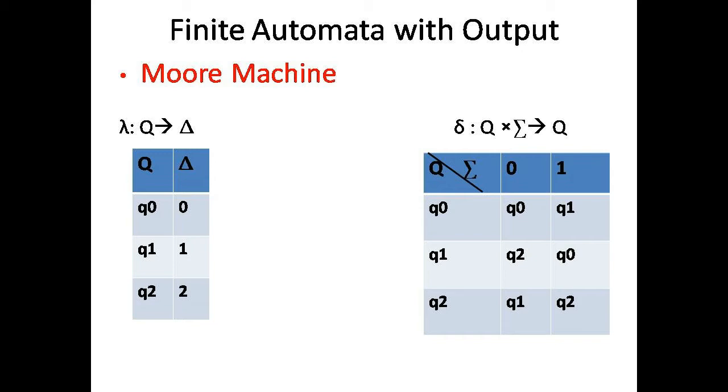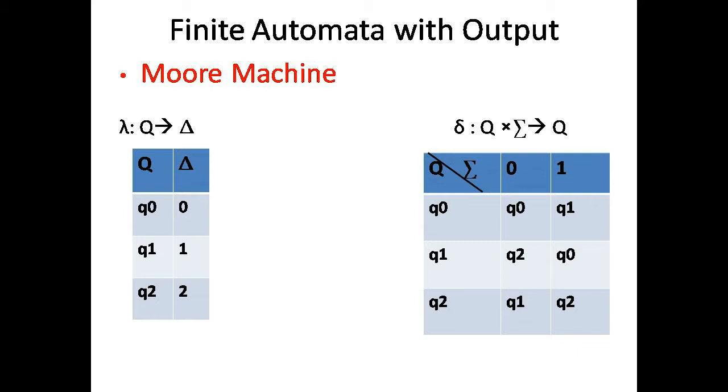In the Q0 state, if the input is 0, it will produce the state Q0. If the input is 1, it will produce the state Q1. Here we consider a binary number, so the input is 0 and 1.